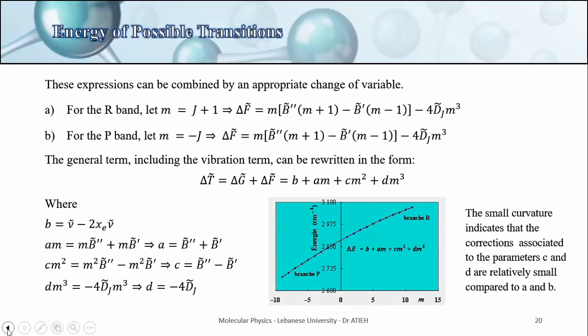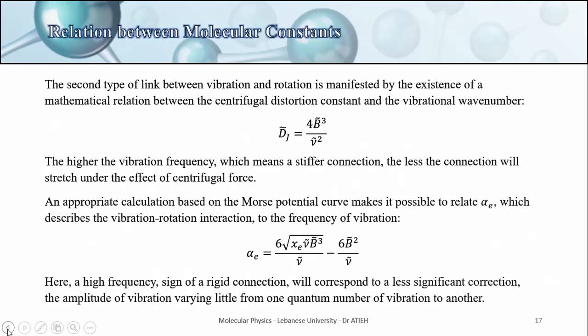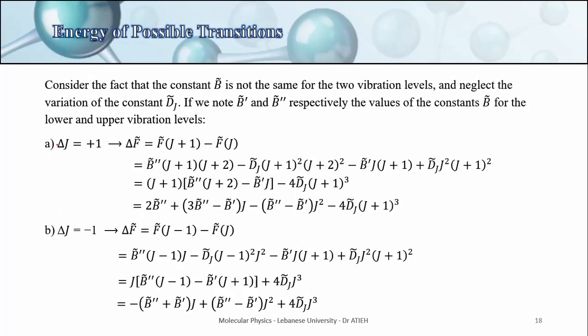If we go back to the previous slide, let's go to slide 18, and let's try to replace, in the case of delta J equals plus 1, which is the R branch, instead of J, we replace M minus 1.